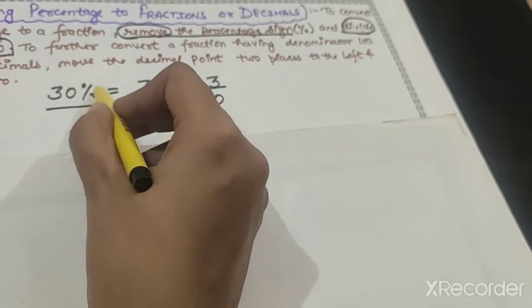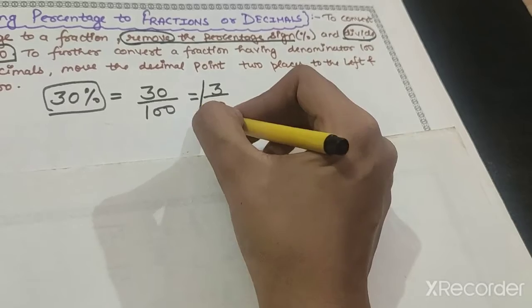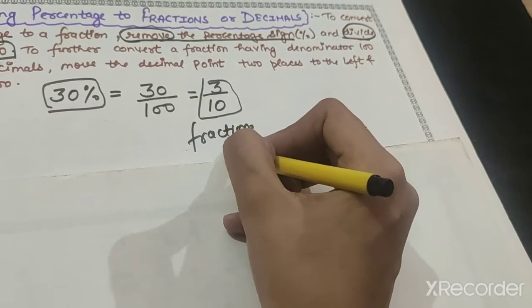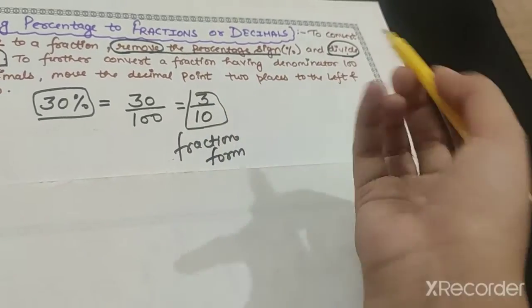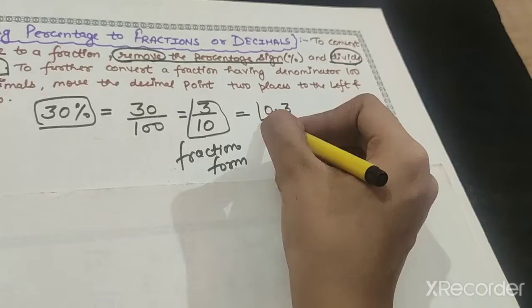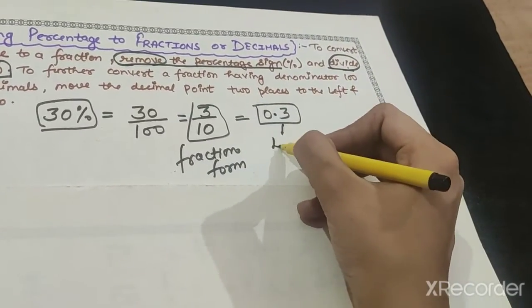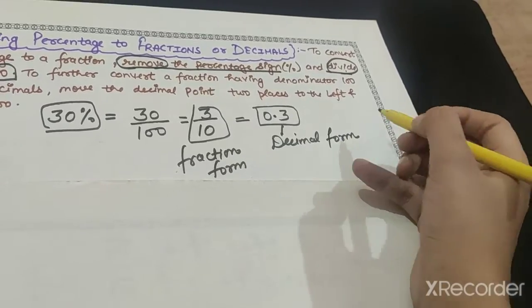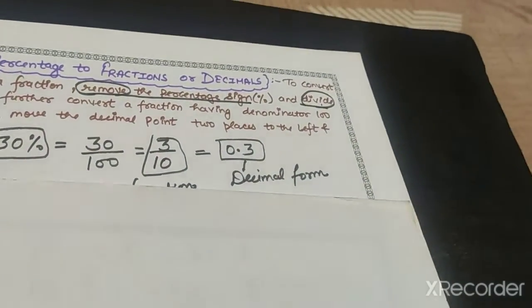So you have represented 30% in fraction form as 3 by 10. Now if you want to represent it in decimal form, 3 by 10 is 0.3. So this is the decimal form. This is how we convert a percentage into fractions or decimals.